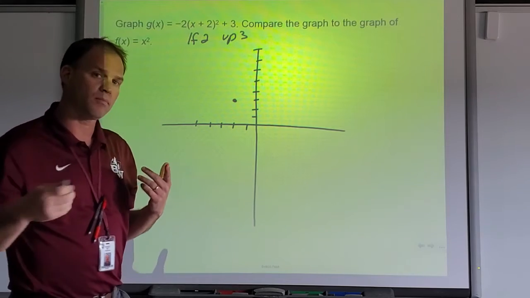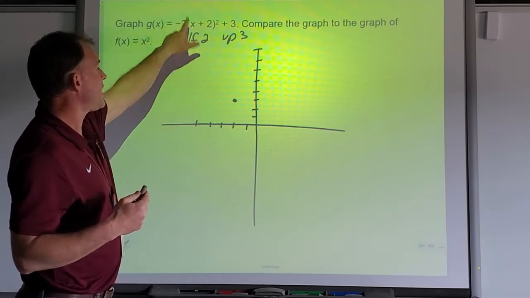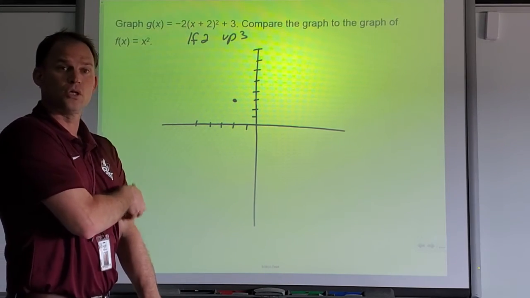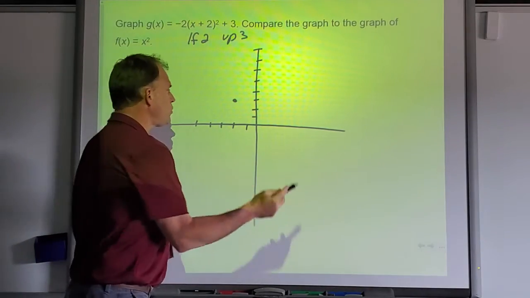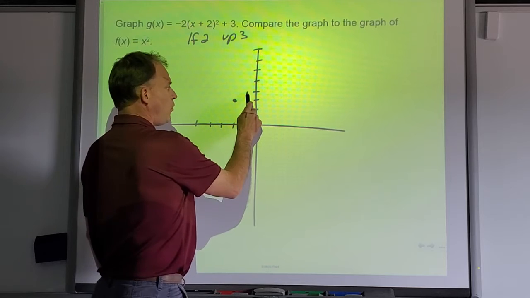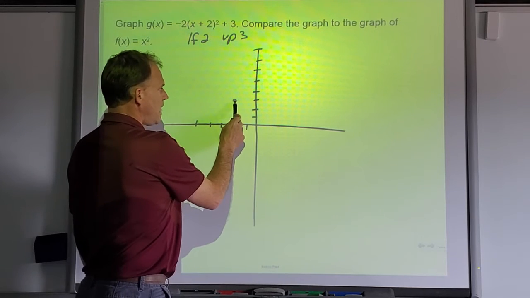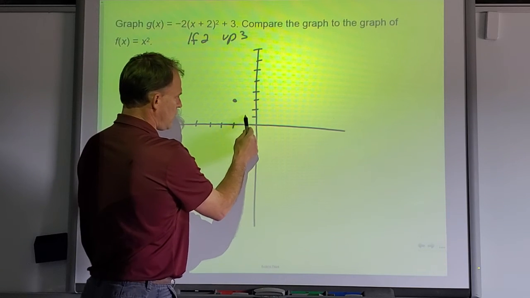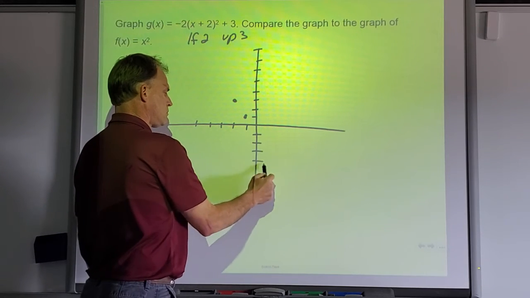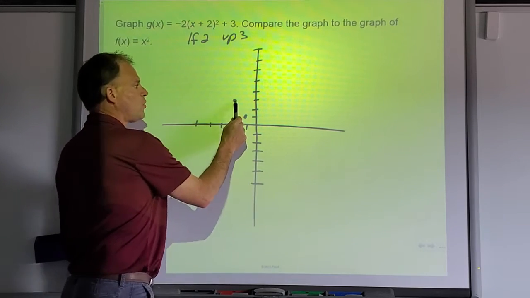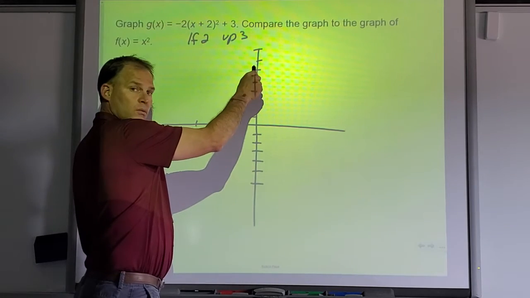Now if I remember my relationships, is there a stretch? Yeah, there's a -2 stretch. So that's going to stretch it and flip it upside down. So I'm going upside down. So normal would be right 1, up 1. Okay? But now I'm stretched, so I'm going down 2. Normal would be right 2, up 4.